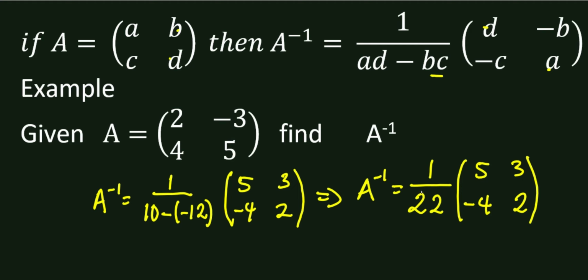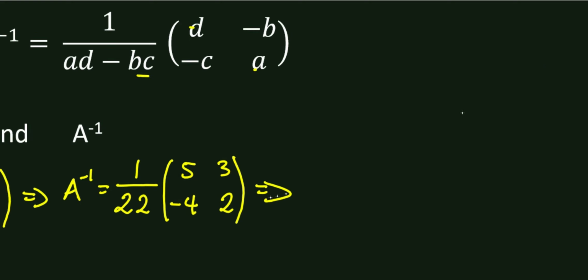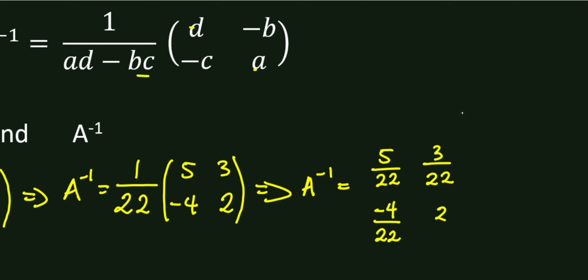So we multiply 1 over 22 by everything inside because it's a scalar multiplication. So the inverse of A is equal to 5 over 22, 3 over 22, minus 4 over 22, and 2 over 22.